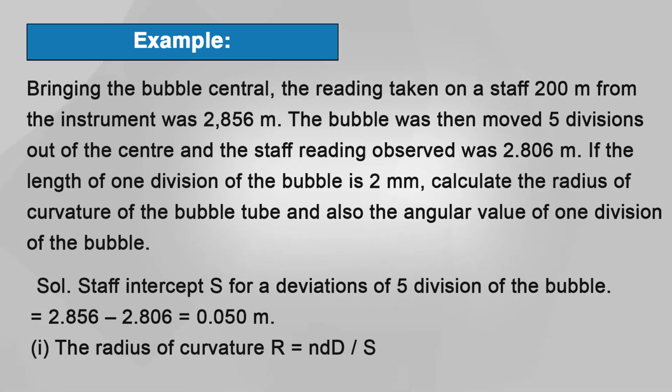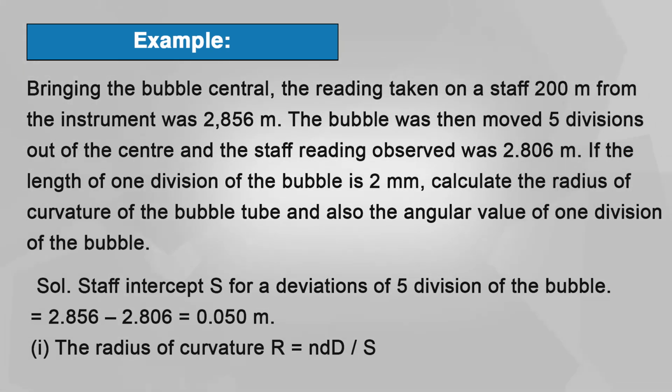So, in the solution part, the staff intercept S for a deviation of 5 divisions of the bubble will be equal to 2.856 minus 2.806, which will be equal to 0.050 meter.